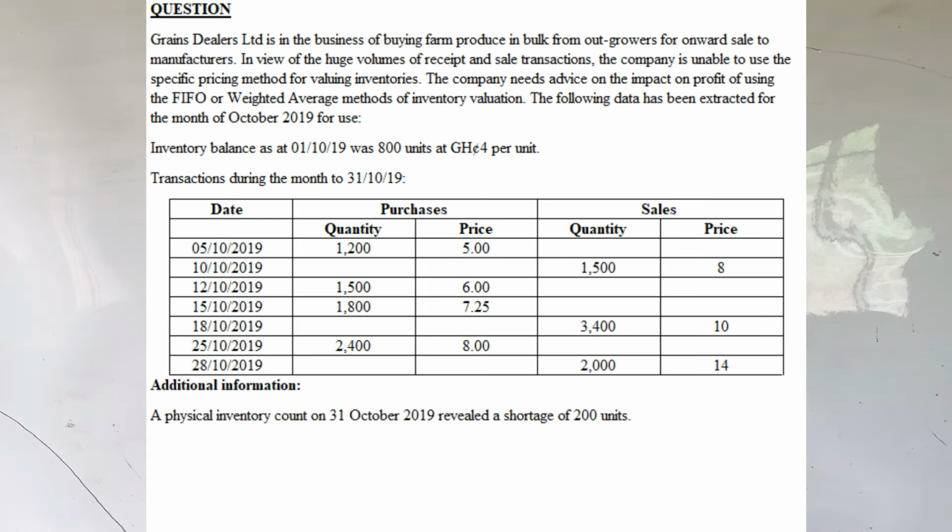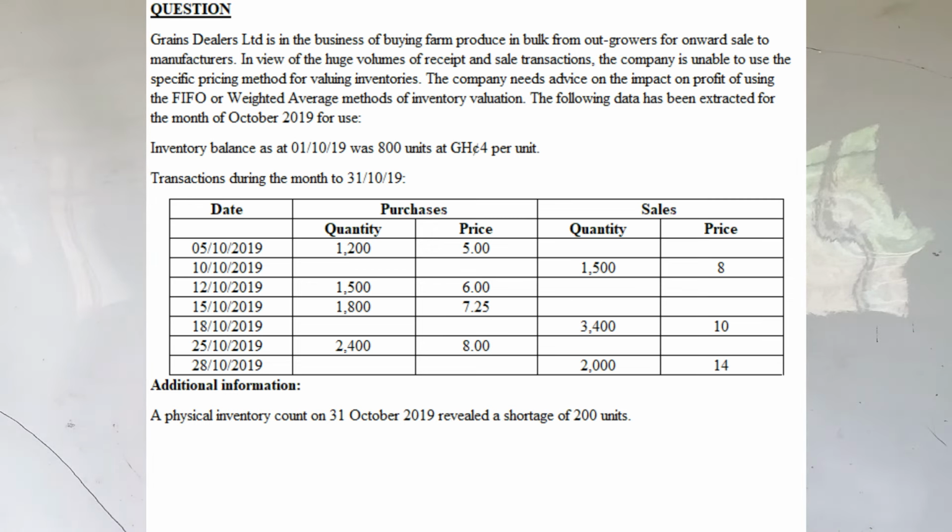And on the 18th, there were sales of 3,400 at 10 cedis. And then on the 25th of October, there was a purchase of 2,400 at 8 cedis. And then finally, on the 28th of October 2019, there was a sale of 2,000 units at 14 cedis as a price per unit. So these are the transactions that took place for the month of October.